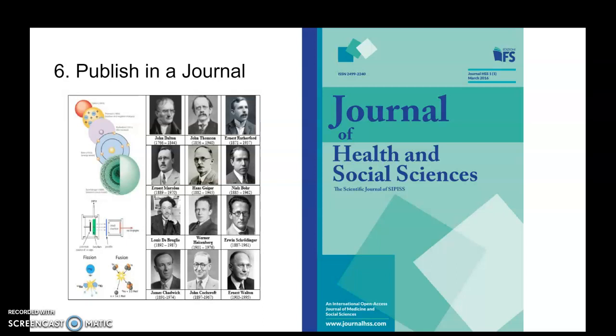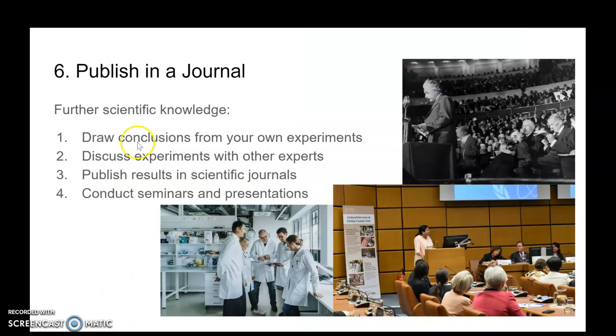If you're not publishing, that means your research is probably not that good. So publishing in journal articles is the way to measure research. All right, so this is the way scientists disseminate information. So, in order to further scientific knowledge through the scientific community, as you can see here, number 3 is publish results in scientific journals, like I was just talking about.